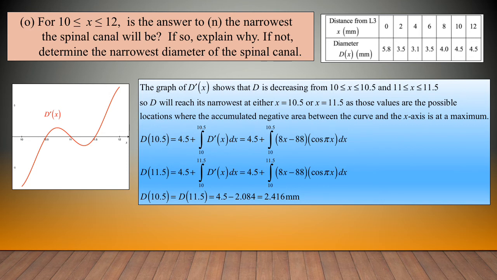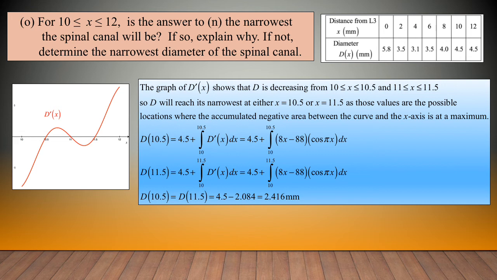We just do the same thing for 11.5, and we get 4.5 plus the integral from 10 to 11.5 of d prime of x dx, or 4.5 plus the integral from 10 to 11.5 of (8x minus 88) cosine pi x dx.